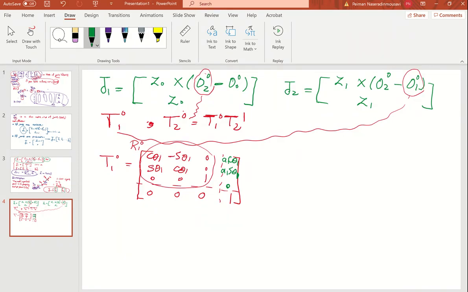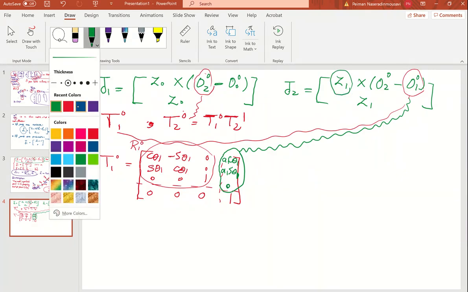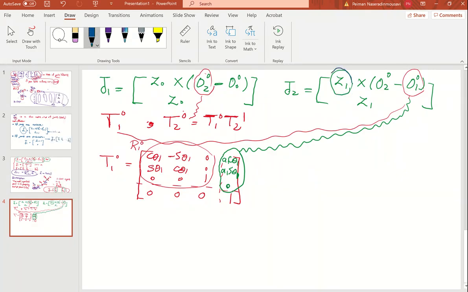So this O1 with respect to this, if I want to be more accurate, you just have to get it from here. Bingo. Understand? Yes. And this Z1, let me change the color.